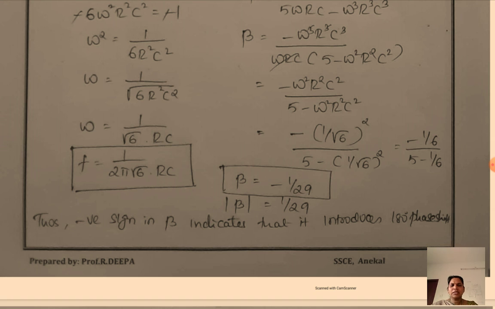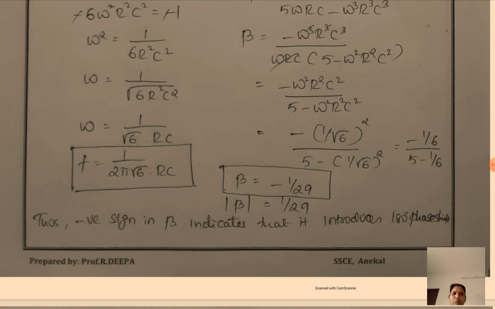This minus sign indicates that the feedback network produces a phase shift of 180 degrees. And we also get the condition that beta should be equal to 1 by 29. This is what we had initially given.